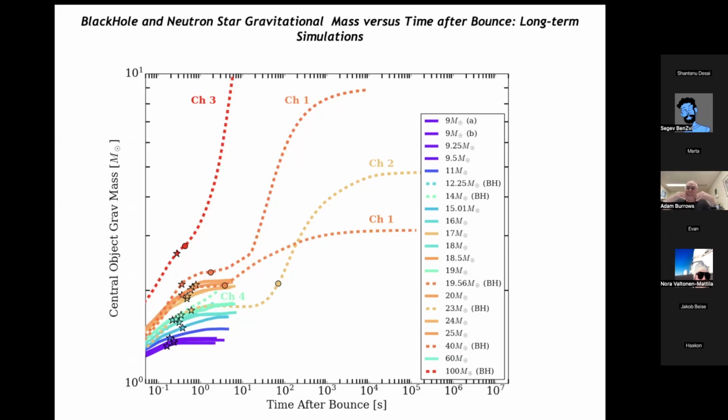And so it tried to explode, and it did explode, but it didn't have enough time for the neutrinos to deposit the energy that it needed to unbind the envelope. And so it just sort of fell back, sent out a sound wave.